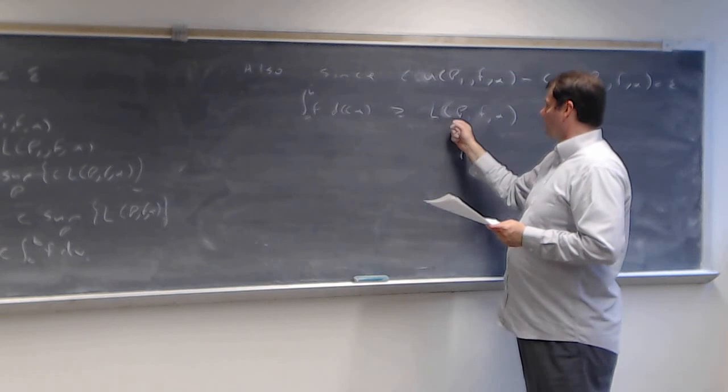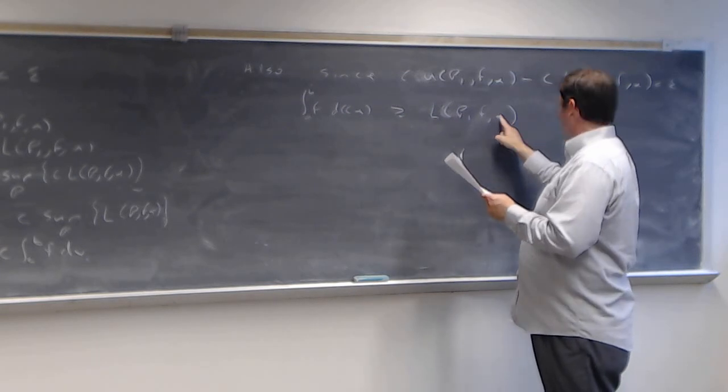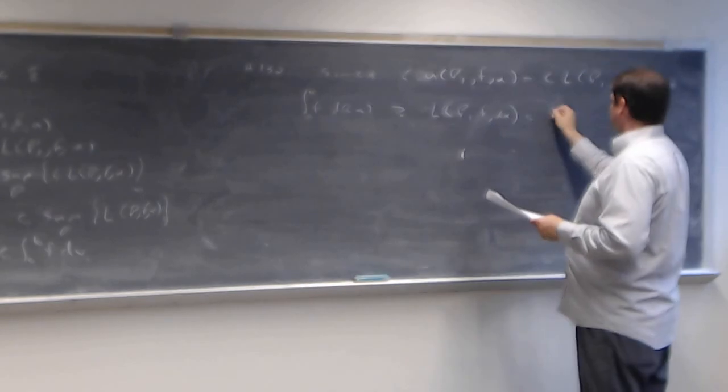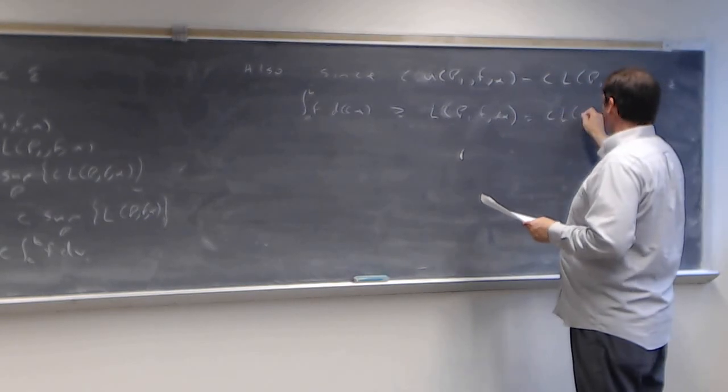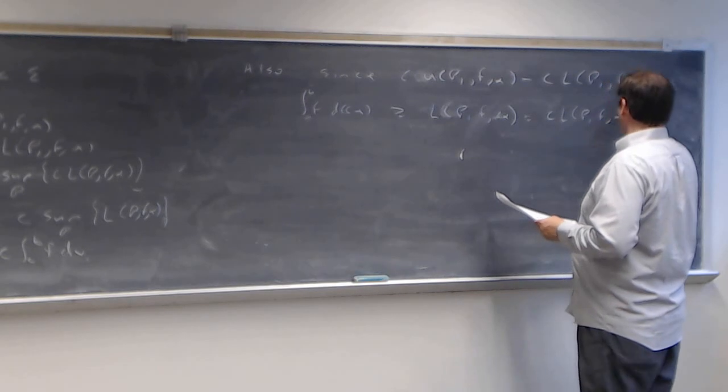Remember, you take the sup over all these lower sums, that's how you get this. This should say C alpha. But that's equal to C times the lower sum, P sub 1, F, alpha.